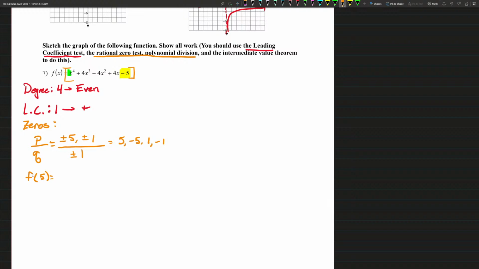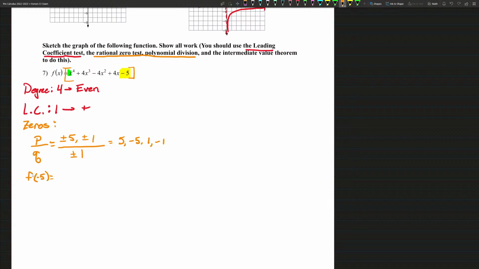I'm actually going to look on the graph right now. And when I look at the graph, I can see that it clearly goes through negative 5.